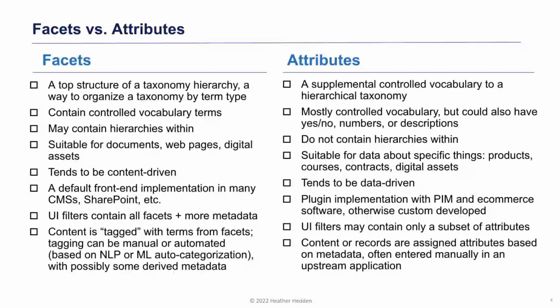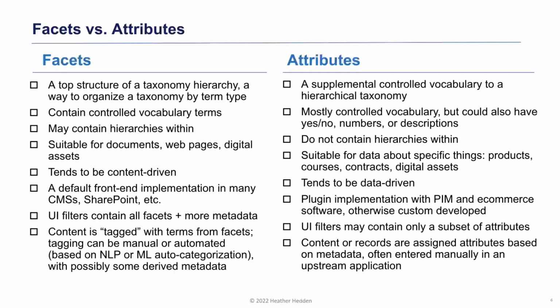Okay, here's my side-by-side comparison. I converted this from PowerPoint, so I don't have them coming in one by one. The facets are a top structure of a taxonomy hierarchy, and it organizes it. And actually, if I go back to one of my other slides, I'll show that.